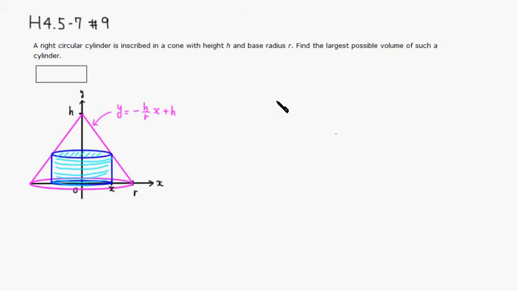So the volume V of x is going to be equal to, remember the volume of the circular cylinder is pi radius squared times the height of the cylinder. The height is determined by this equation, so it's negative h over r x plus h. If you want, you can multiply out.